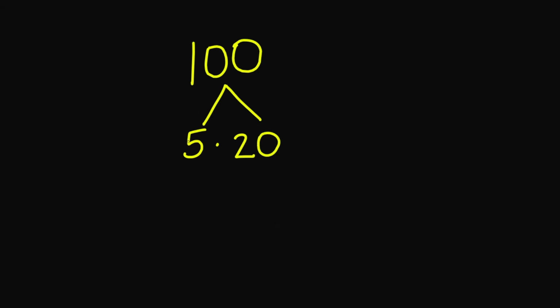Let's try 100. If I use my factor tree, I'm going to break this down into 5 times 20. I cannot factor my 5 anymore, but I can factor my 20. My 20 I can factor into 5 times 4. And then my 4 I can break down into 2 times 2.